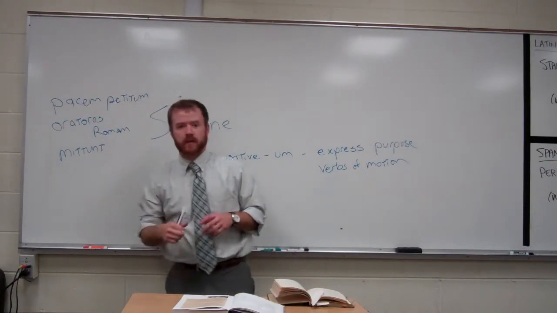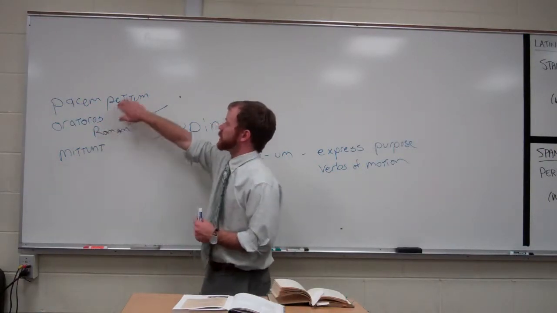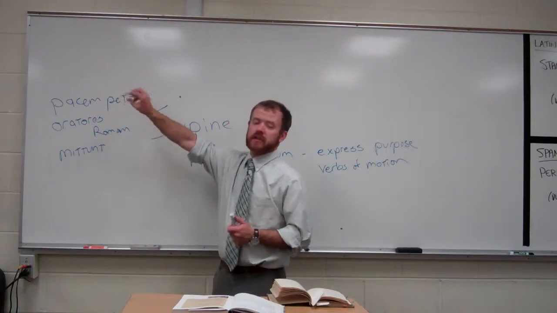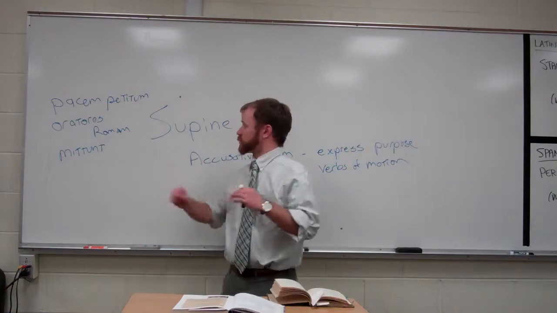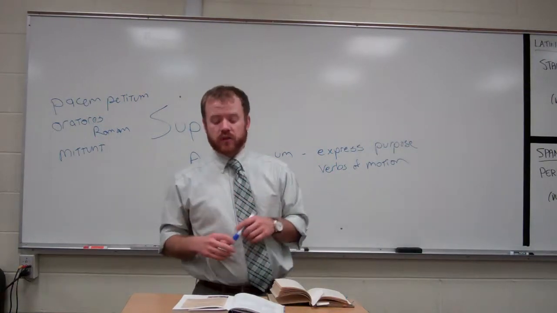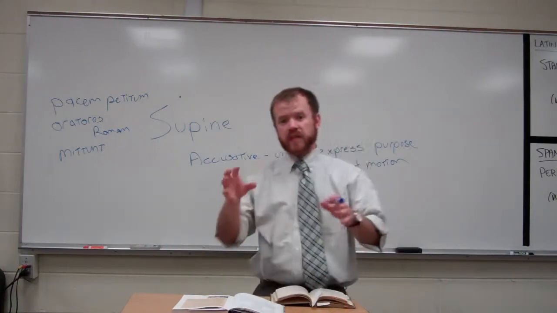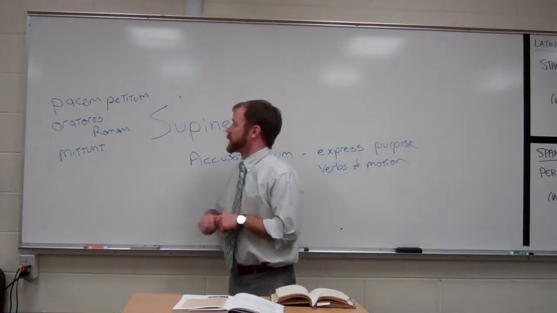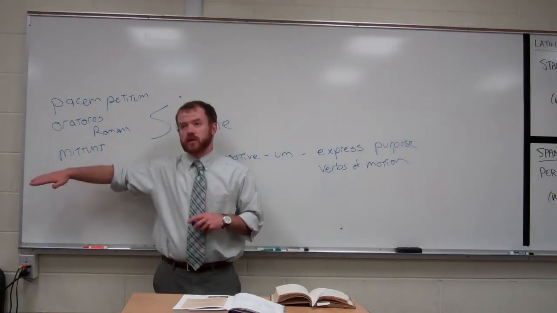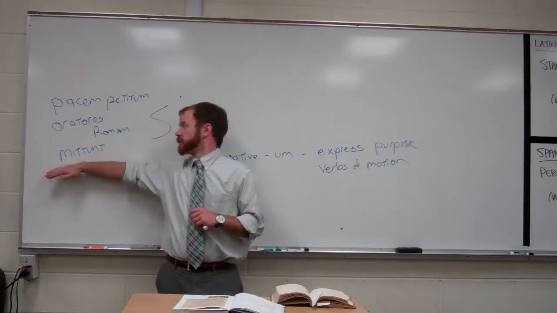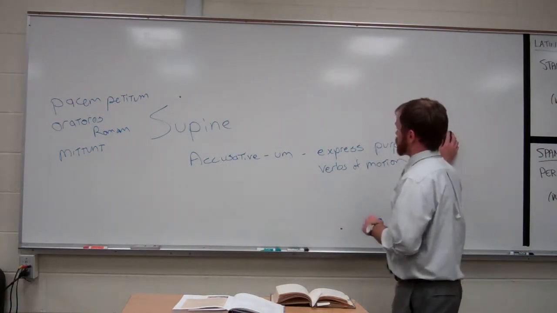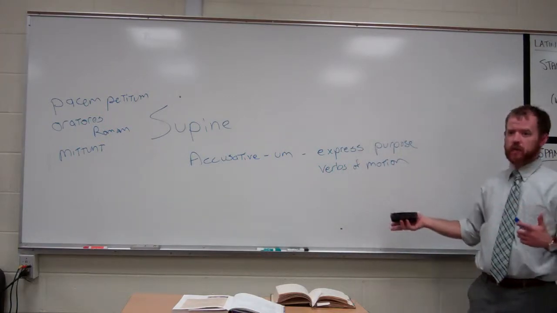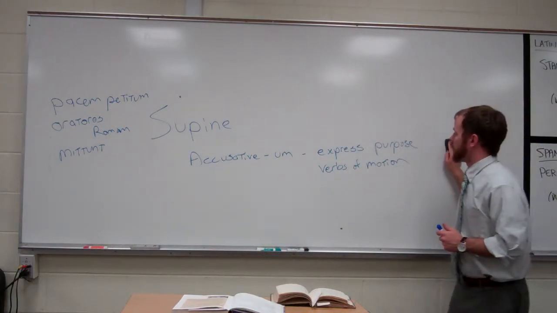Petitum pacem. All right, so we've got our verb of motion, and this is from peto, petere, to seek. We have a supine in the accusative here, expressing purpose. So when you come across these weird forms, that's what's going on. And they almost always occur with a verb of motion. So pause this video, take whatever notes you need to.